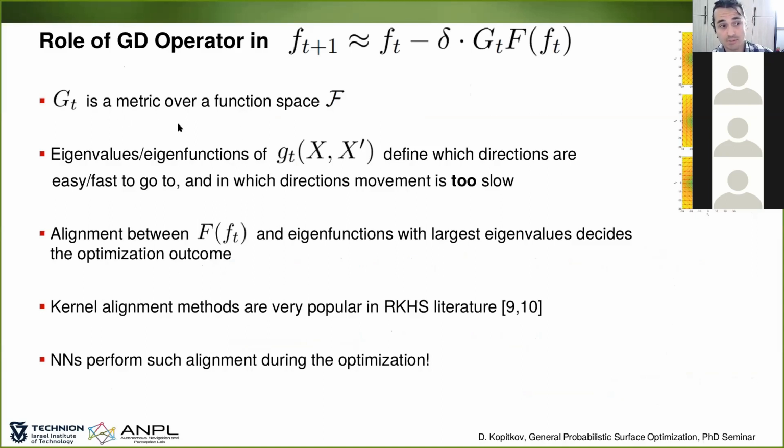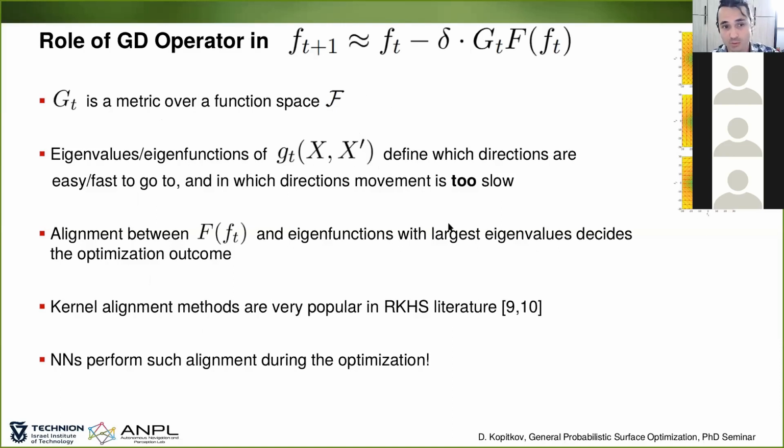So G_t is just serving as a symmetric operator over function space F. Its eigenvalues and eigenfunctions of a model kernel define in which direction it's easy to go and in which direction it's very slow. So the eigenfunctions with the largest eigenvalues are the directions where we can progress easily.